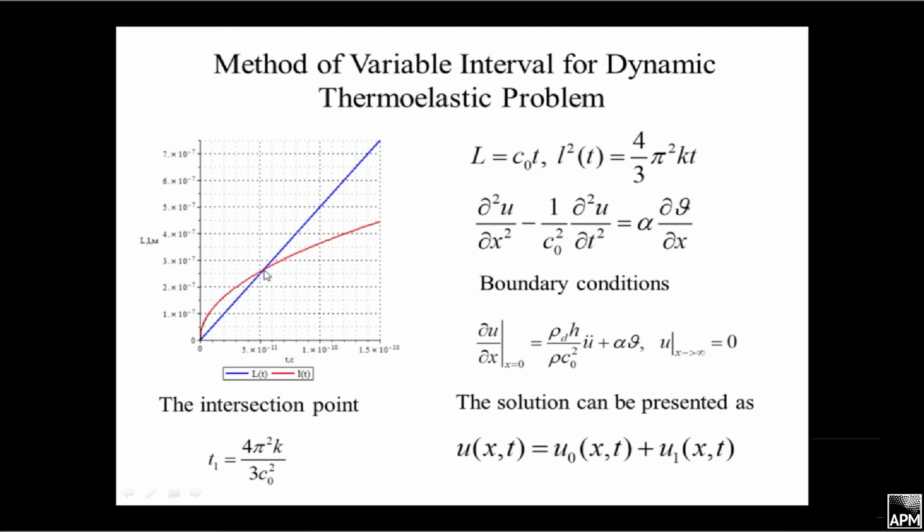So for metals, if we put in all the physical values, we see this very, very small value, 10 to the power of minus 11.